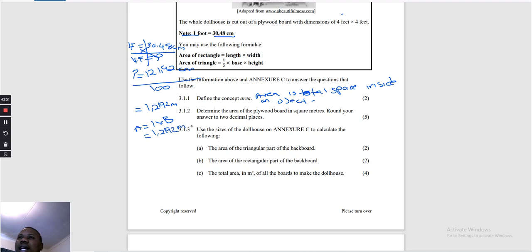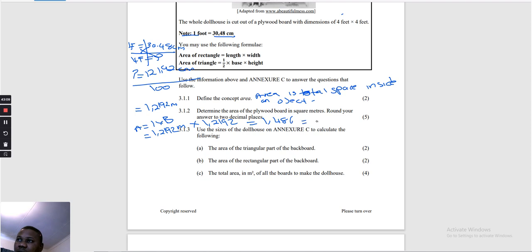So that is going to be 1,2192 meters multiplied by 1,2192. That gives us 1,486.